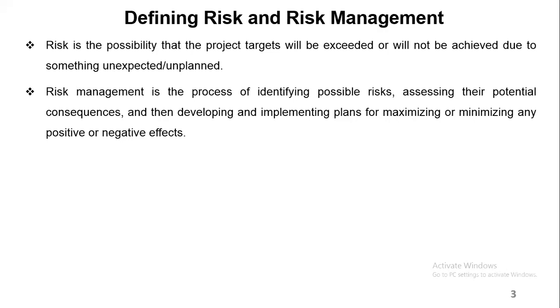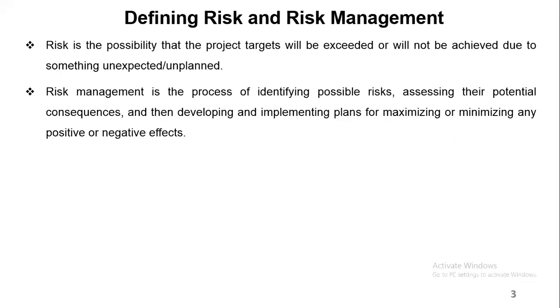When it comes to risk management, you want to have control over this situation. Risk management is all about identifying the risk. You know there are possible risks that you might experience, and then you need to assess those risks in terms of the potential consequences that might result from them.